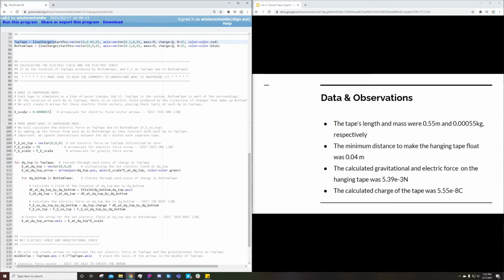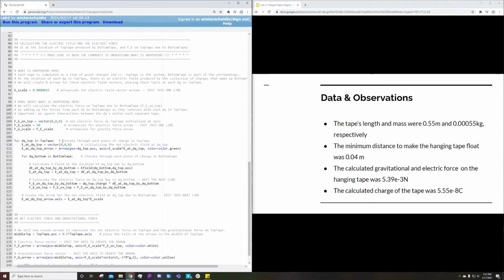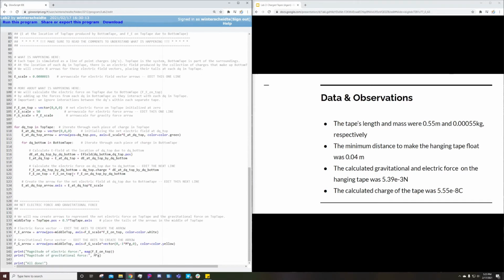I used this small number so that the model was more visible, and same with the electric force and gravitational force scales. And then we iterate through a loop, creating the charge on each particle in the top tape so that we have a more accurate model.